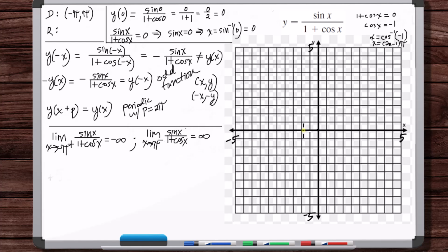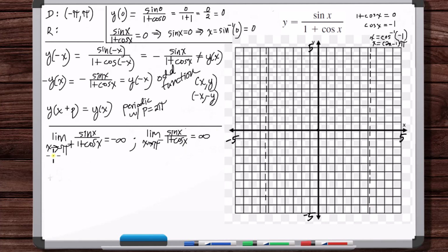Okay, so let's draw the vertical asymptotes. So -1, -2, -3. Okay, this would be -3.5, -3.25. So right around there. Okay, 1, 2, 3. All right.